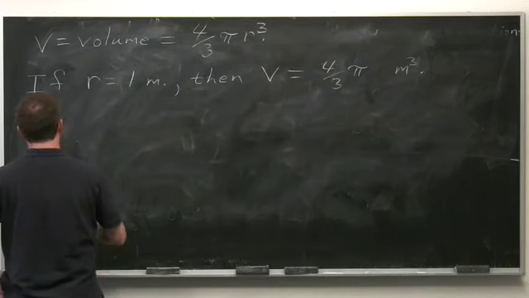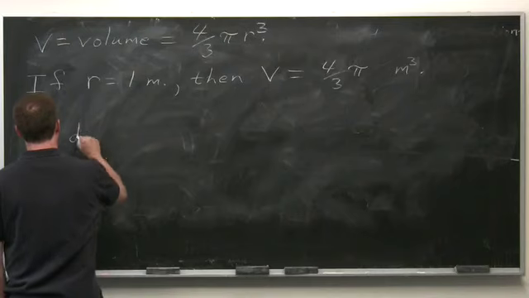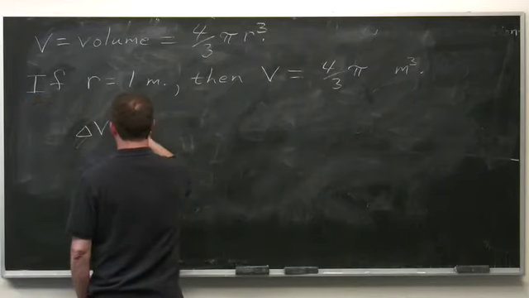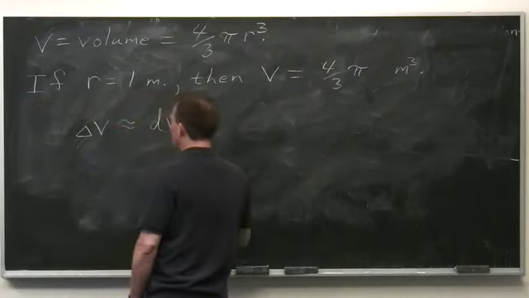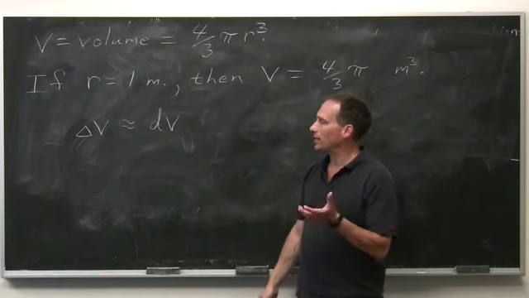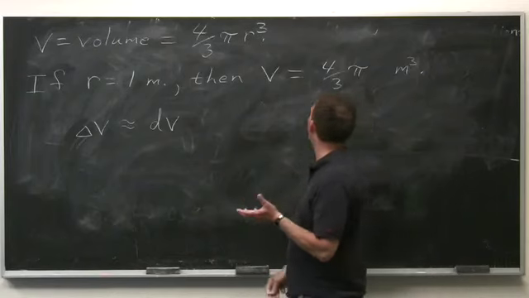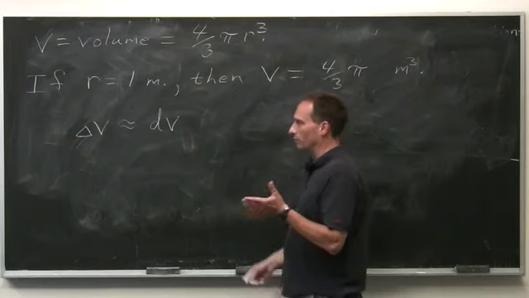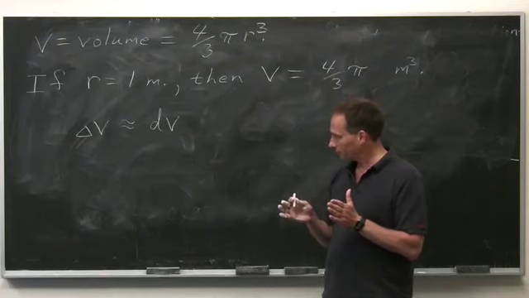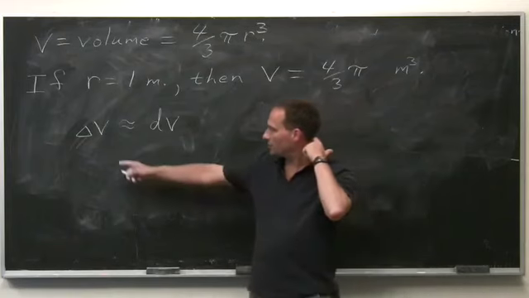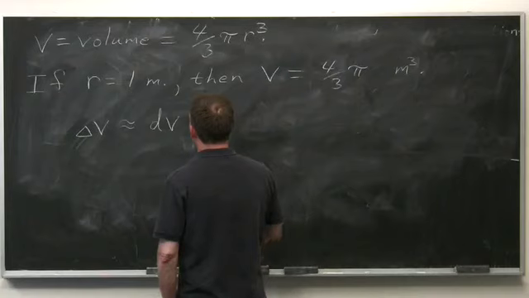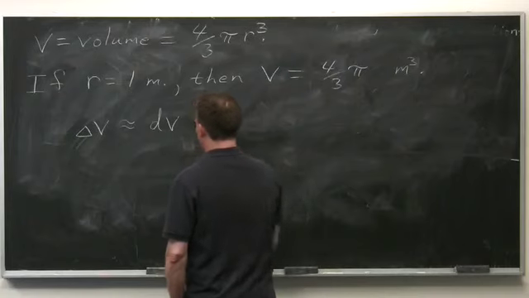So what are we interested in? We're actually interested in delta V, which would be approximately dV. Right? We'd like to know that if we change r, the radius, by plus or minus, or somewhere within the range of plus or minus 0.001 meters, that could change V by a certain amount, and we want to approximate that change in V. So we're going to approximate that with dV.